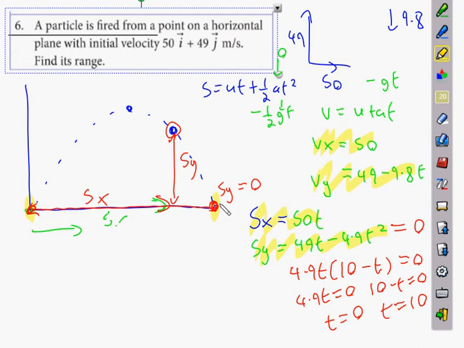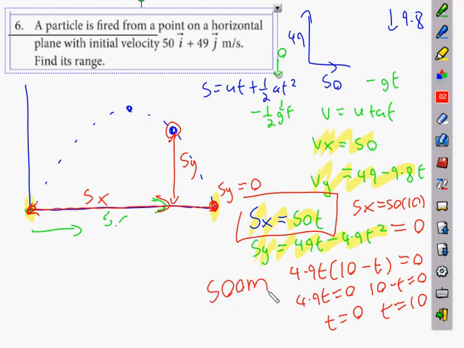So now you know that t equals 10 when this happens. You have to find out how much Sx distance you covered in 10 seconds. So Sx is going to be 50 multiplied by 10, which gets us 500 meters. Is that right? Okay.